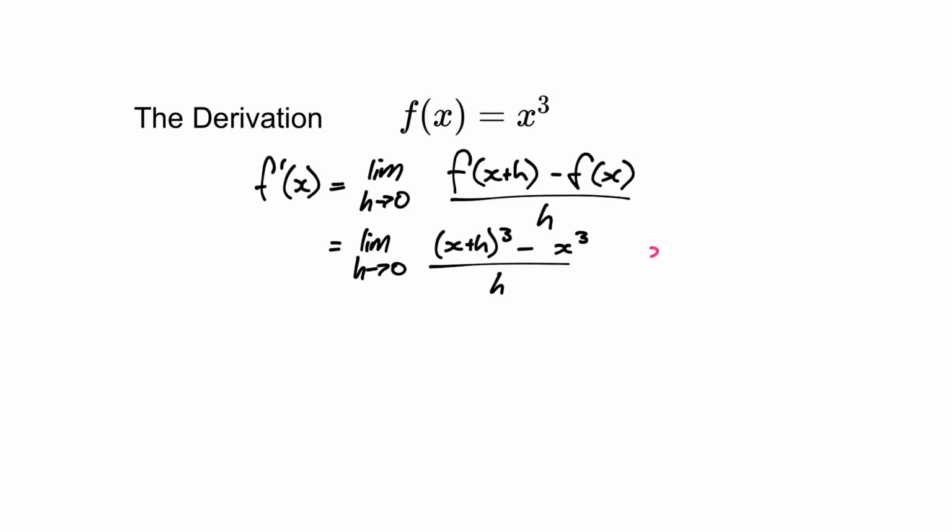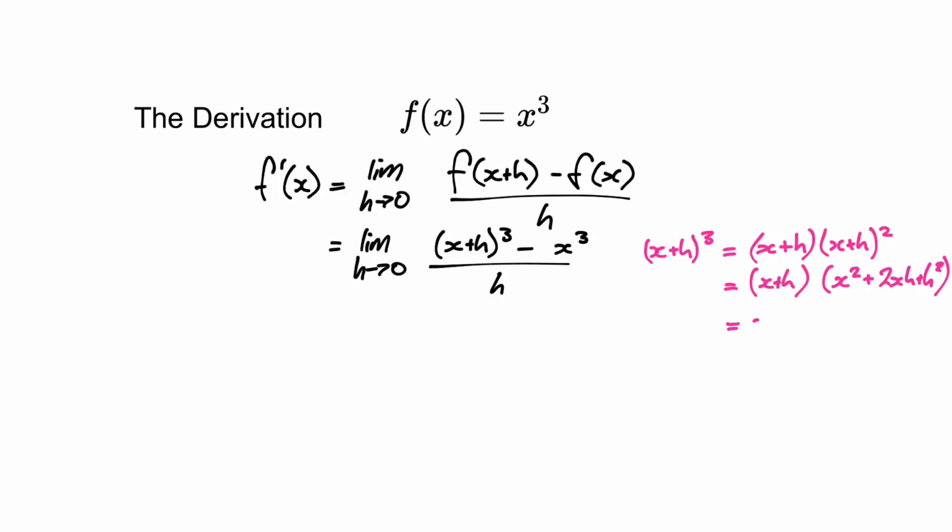Now (x plus h) cubed is equal to (x plus h) squared times (x plus h). We know that our (x plus h) squared was equal to x squared plus 2xh plus h squared, and then we can just multiply that by x plus h.